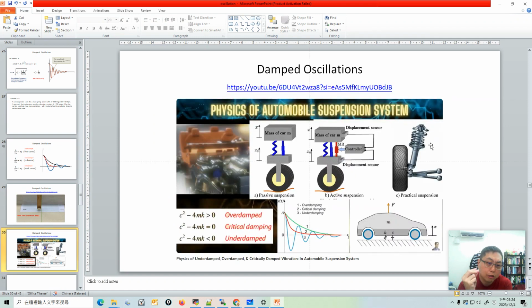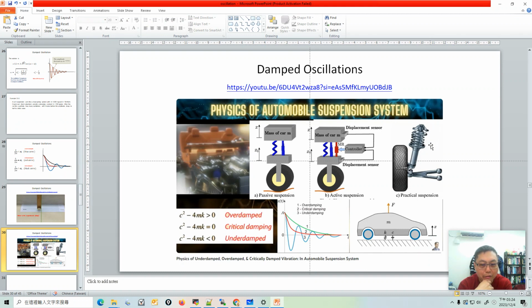But when the spring releases the energy back, that's not what we want. If the spring keeps absorbing energy and releasing energy, your car is still very bumpy.